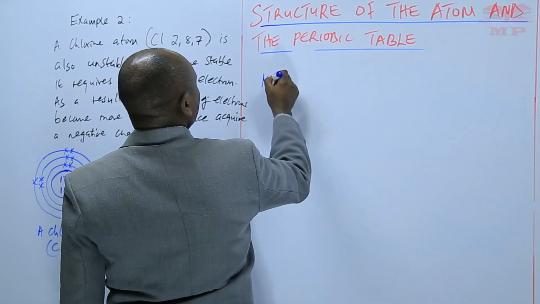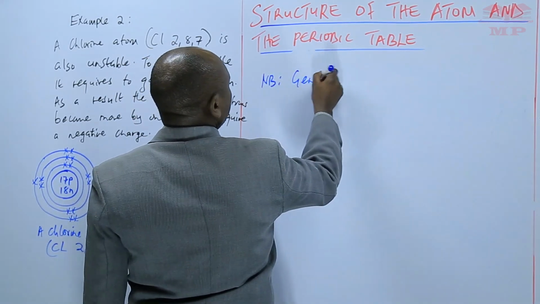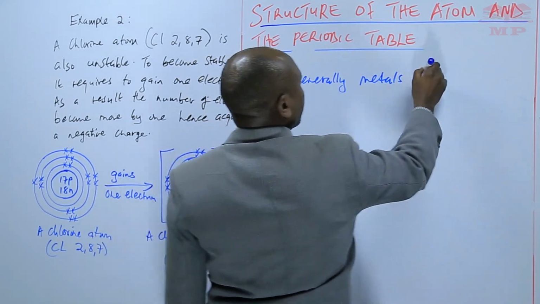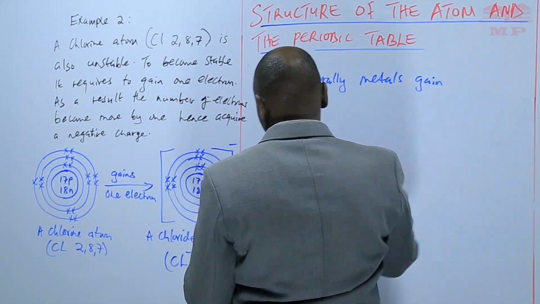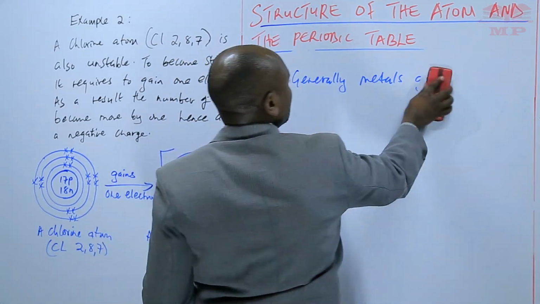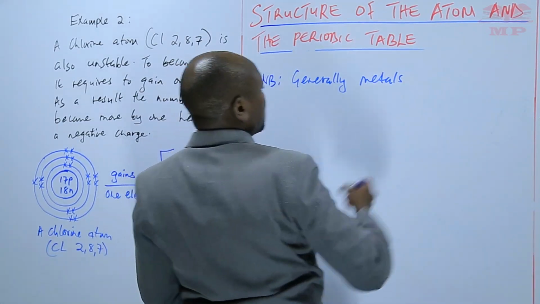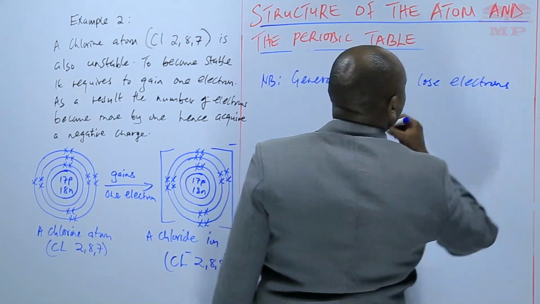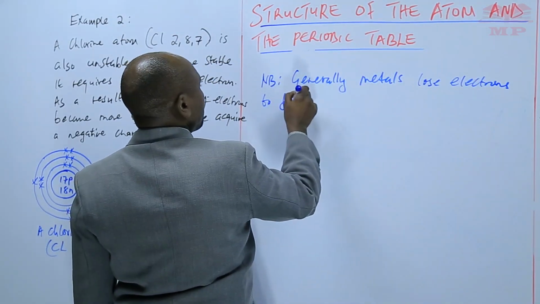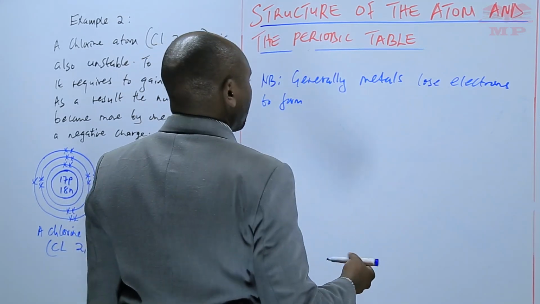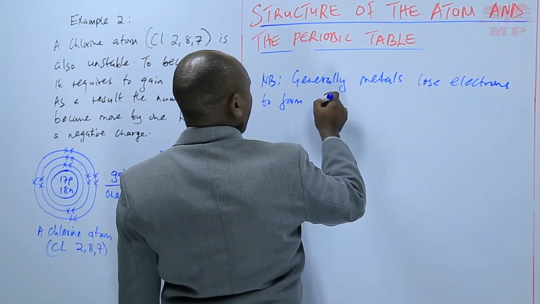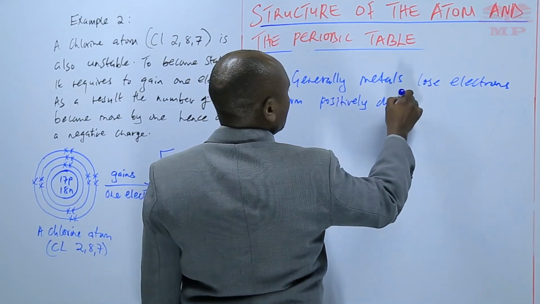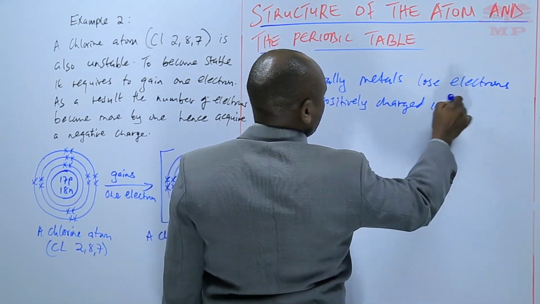So that's a point to note, that generally metals lose electrons to form positively charged ions.